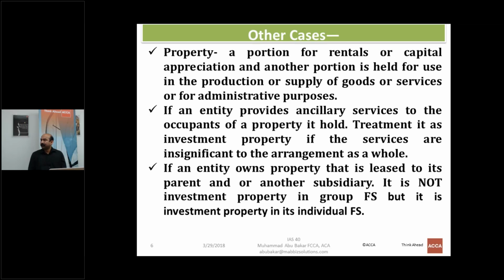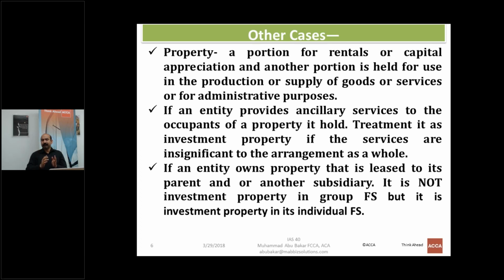See, property is owned by the subsidiary and it is leased. First of all, we take just the parent. It is leased to the parent, of course, to earn rental. This means here the subsidiary is earning rentals from the parent.